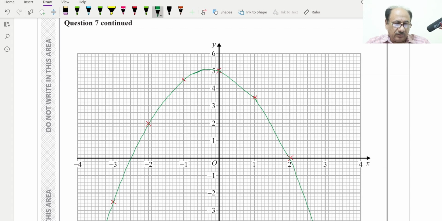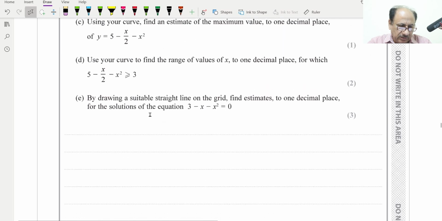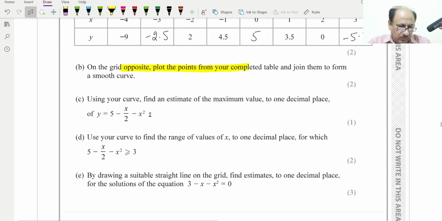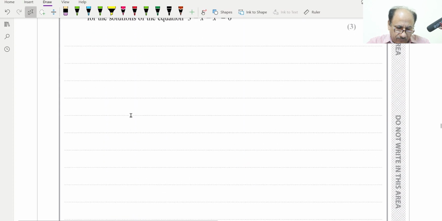So this is what I've drawn. Now we will go through the next section of the question. Using your curve, find the estimate of the maximum value to one decimal place. Maximum value to one decimal place for this one. So we can check from here.